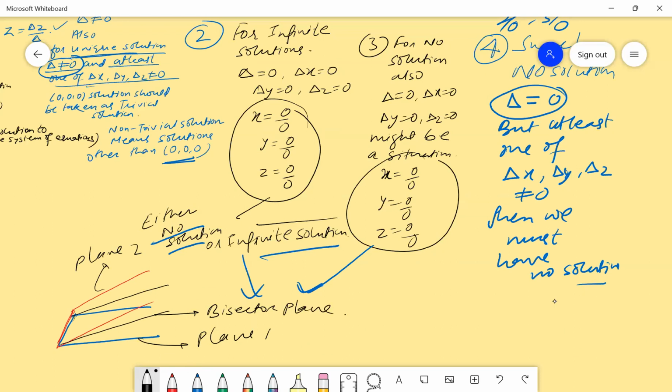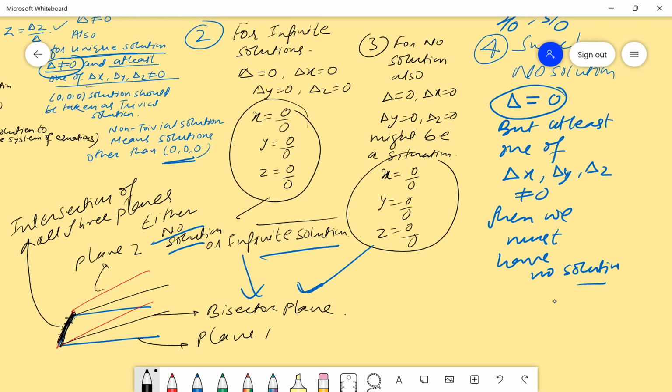Can you visualize one thing? This line is the intersection of all three planes. So in this case, this line will contain infinite points which satisfy all the three planes. So it will have infinite solutions. So if you want to visualize infinite solutions, you can take two planes and one bisector plane.